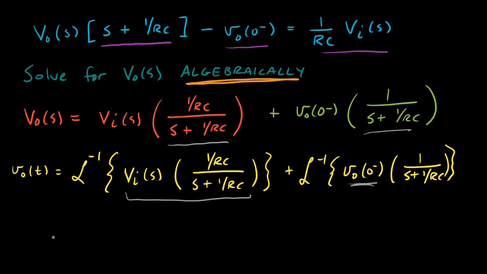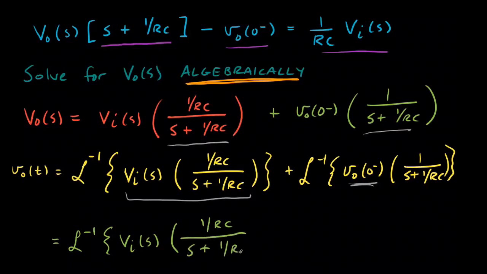And so I can summarize this again by saying, well, I'm going to have the same thing here. I'm going to have the inverse Laplace transform of Vi of s times 1 over RC over s plus 1 over RC. Again, yes, that's redundant, that's repeated, because that's exactly what we have.